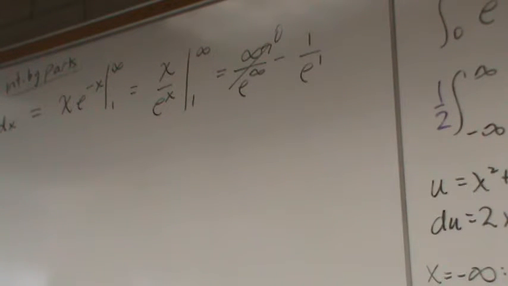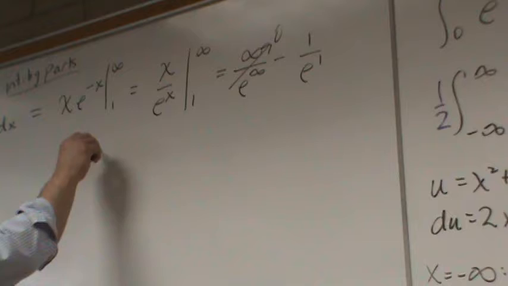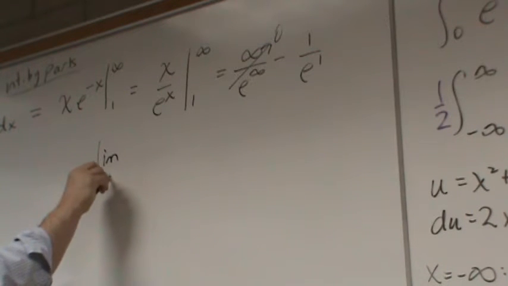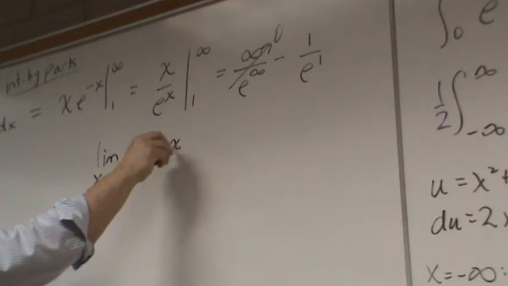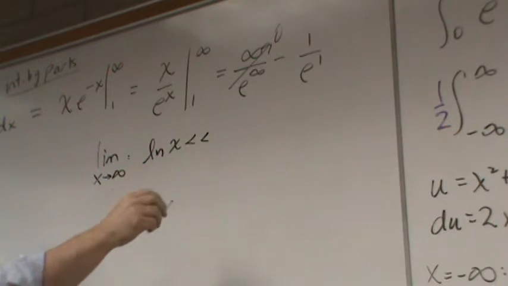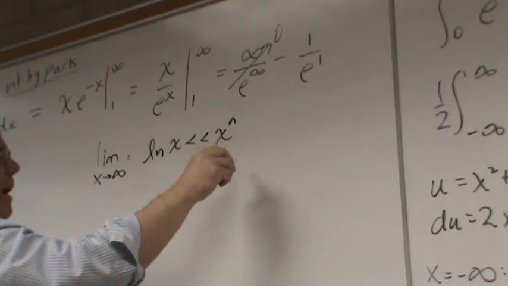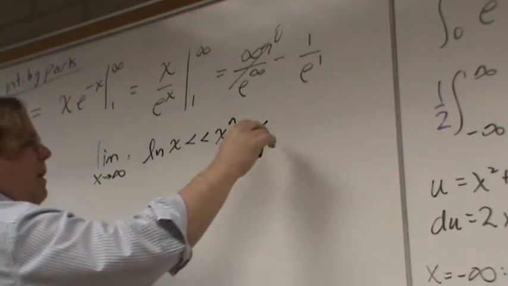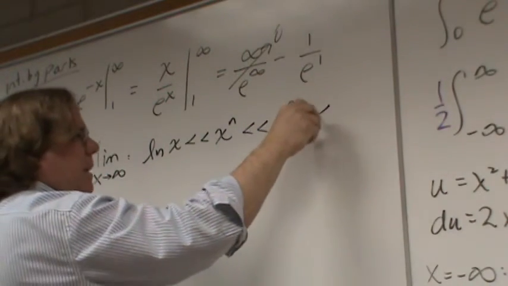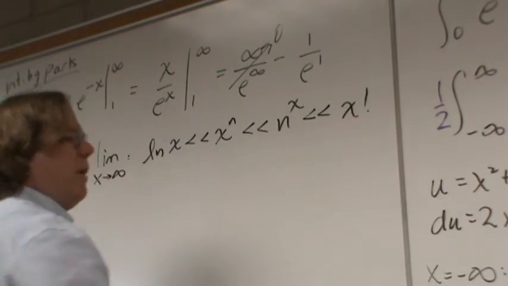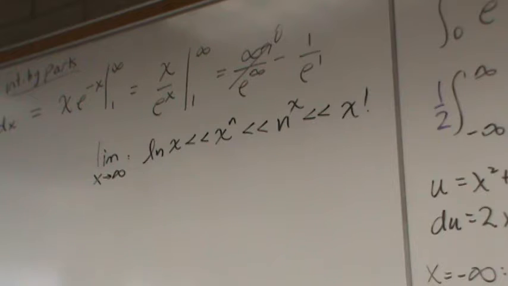So you're going to have to use your knowledge of the hierarchy of infinities. I just want to remind you, as x approaches infinity, the log natural of x is infinitely smaller than x to the n power, which is infinitely smaller than n to the x, which is infinitely smaller than x factorial, if x happens to be an integer, which doesn't happen very often.